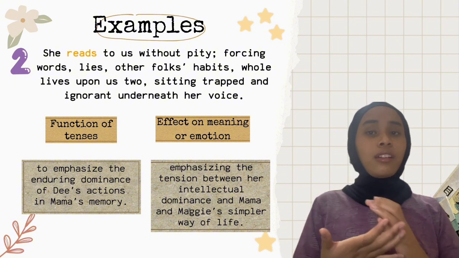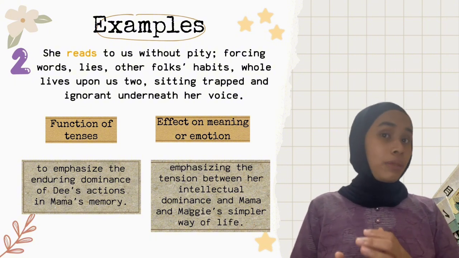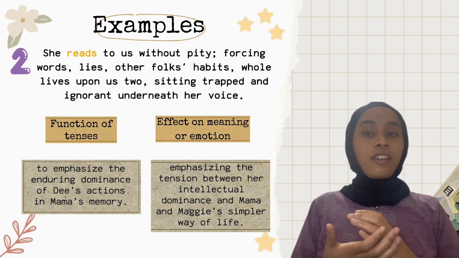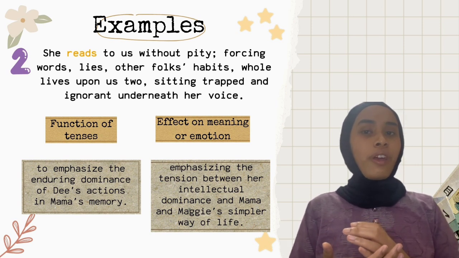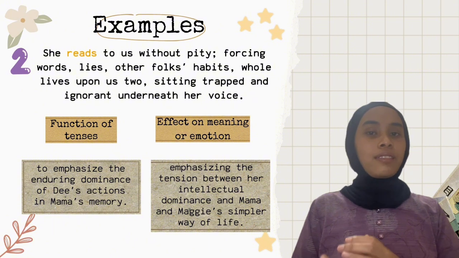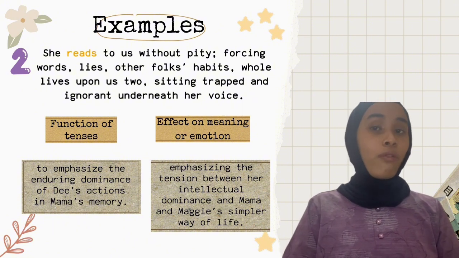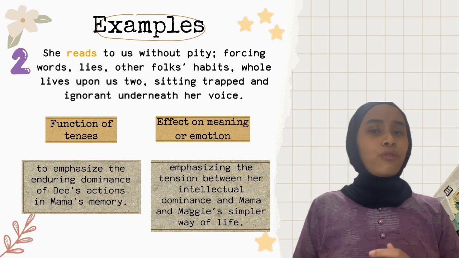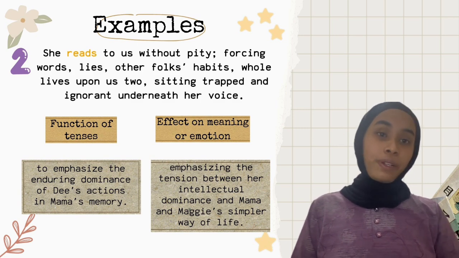It makes her intellectual dominance feel timeless and unchanging, emphasizing the tension between this approach to heritage and Mama and Maggie's simpler, more traditional way of life. The present simple tense makes this influence feel continuous and oppressive.